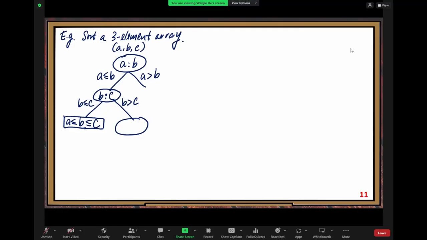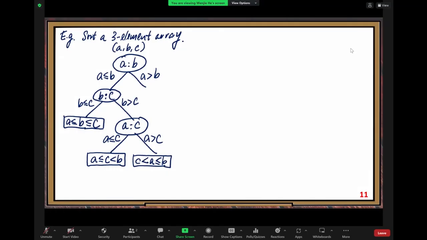We need one more comparison, between A and C. So we do a comparison A colon C, with the left branch A less than or equal to C and the right branch A greater than C. Now we can write the sorting result nodes in rectangular boxes. Here, A less than or equal to C, strictly less than B. And here, C is the smallest, C less than A, less than or equal to B, to write it more accurately.